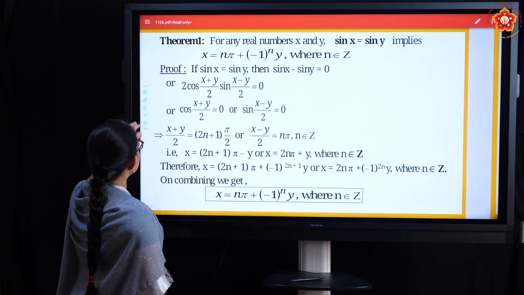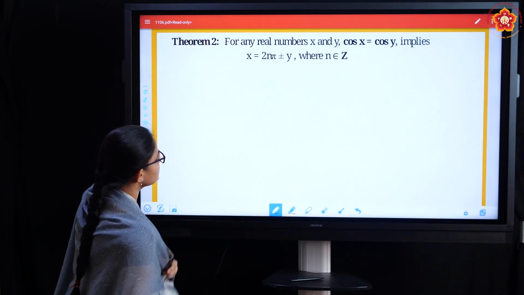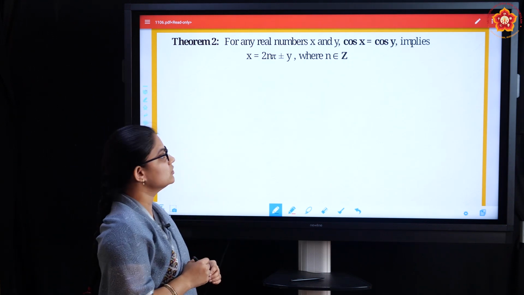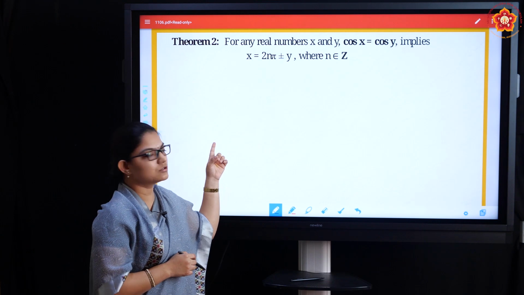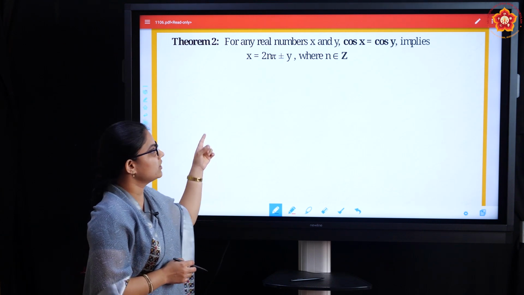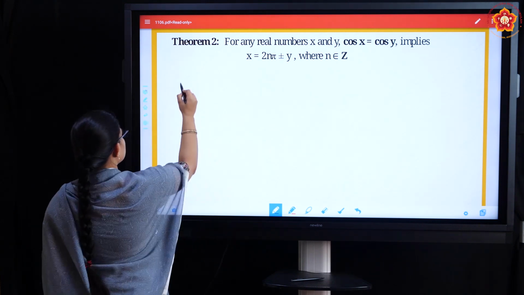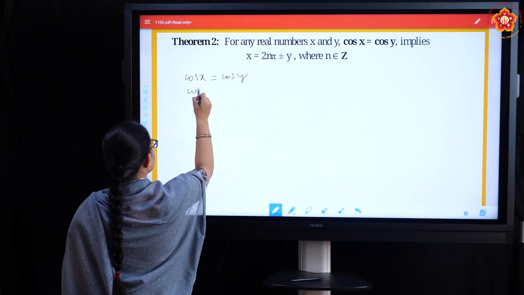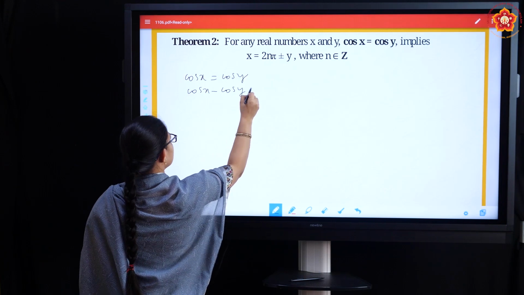Now let us see for the cos, that is cos x is equal to cos y. So for any real numbers x and y, cos x is equal to cos y implies x is equal to 2n pi plus or minus y, where n belongs to z. So let us take cos x is equal to cos y, then I can write that as cos x minus cos y is equal to 0.